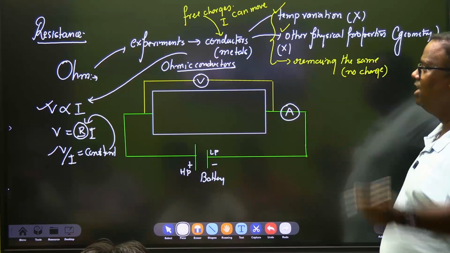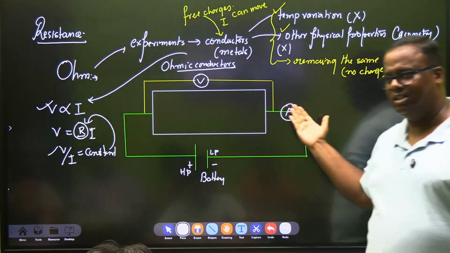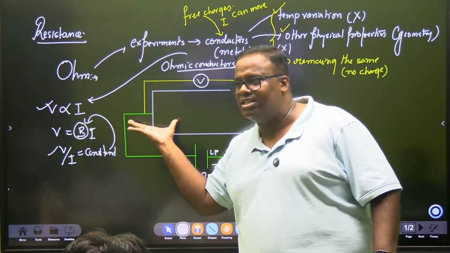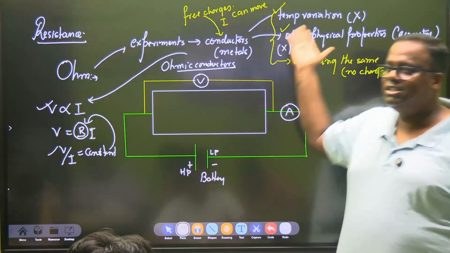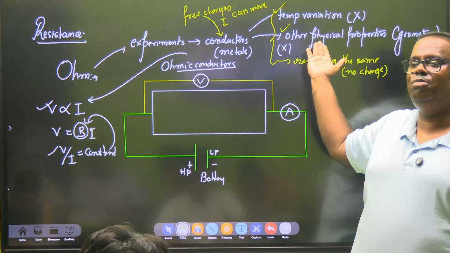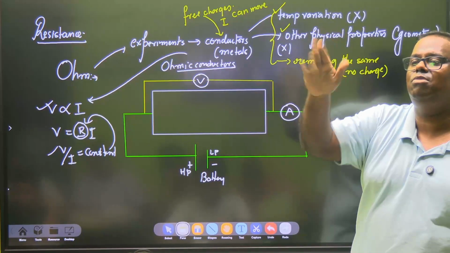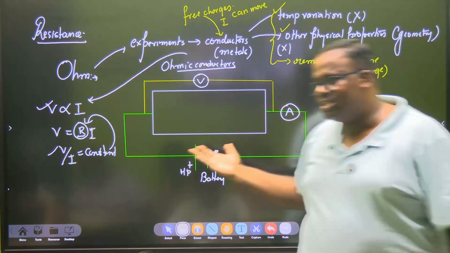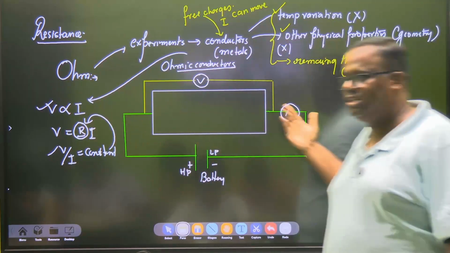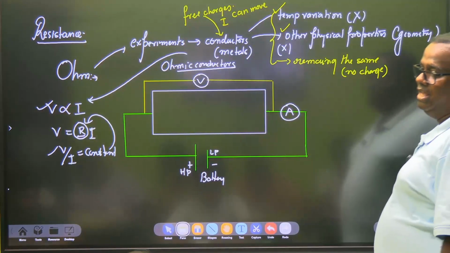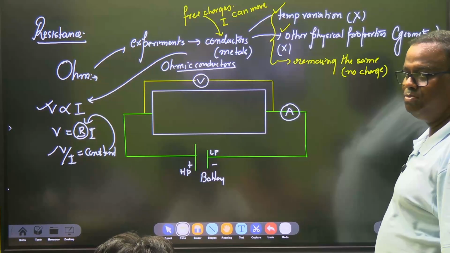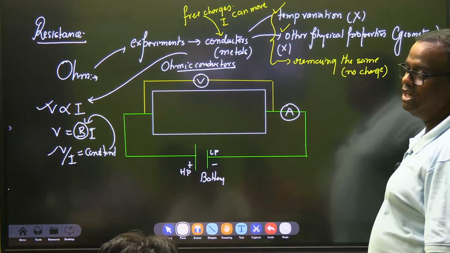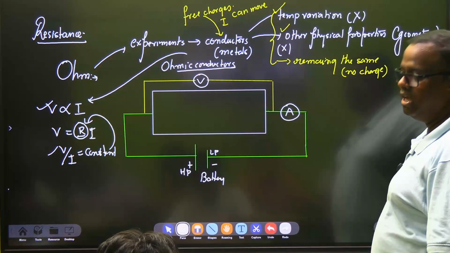Ohm's law states that the current flowing through a conductor is directly proportional to the potential difference maintained across its ends, provided temperature and other physical parameters remain unchanged.